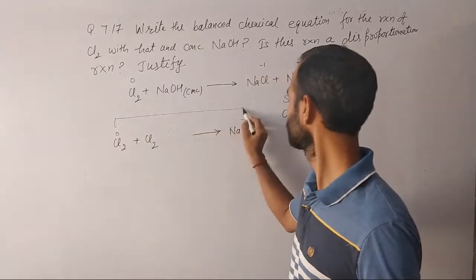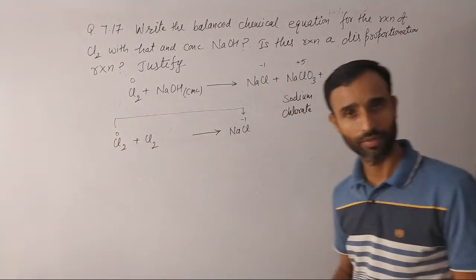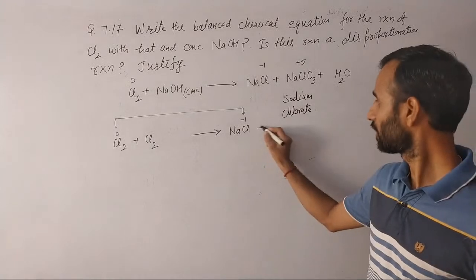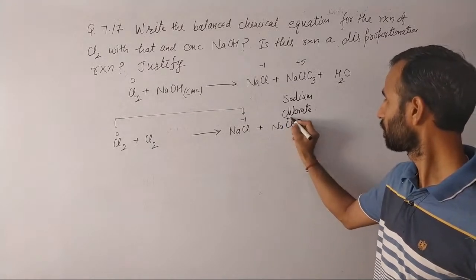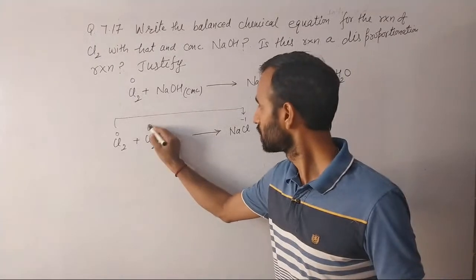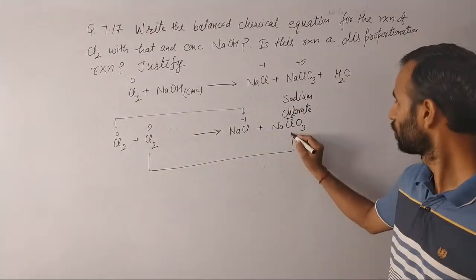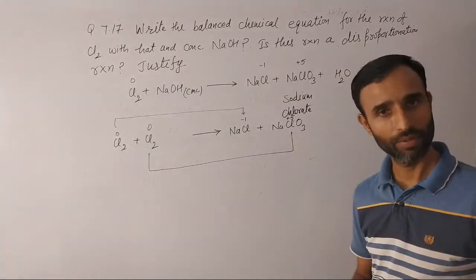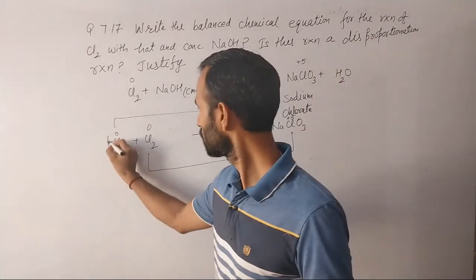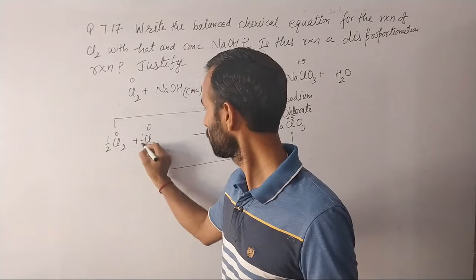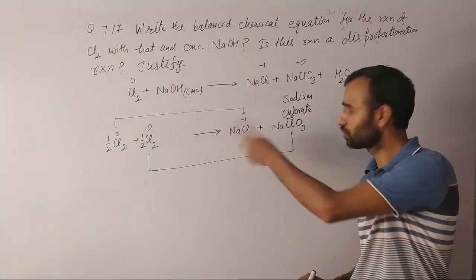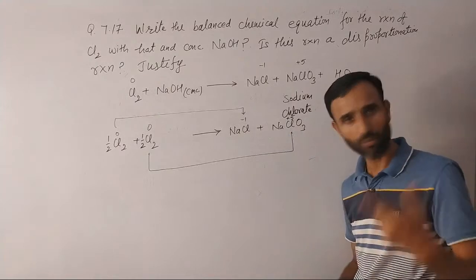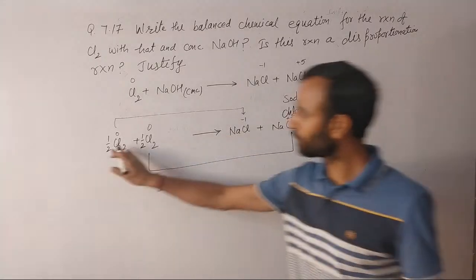And next is NaClO3, 0 to +5. So just let it be half, because there is one chlorine, otherwise you will double it. Okay, it is up to you. I will keep it half.